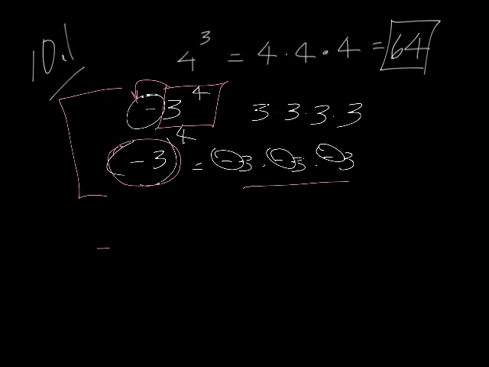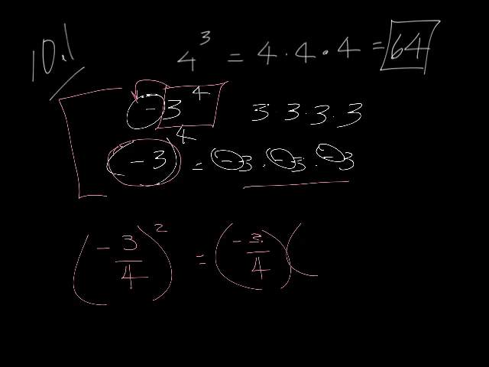And then when you have a number like in this first example, negative 3/4, and they're putting a parenthesis on it and they're squaring it, that is negative 3/4 times negative 3/4. And again, the negative is inside the parentheses, so we're going to multiply it by that.